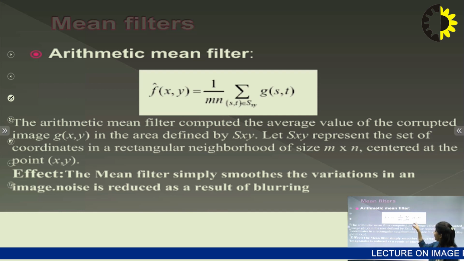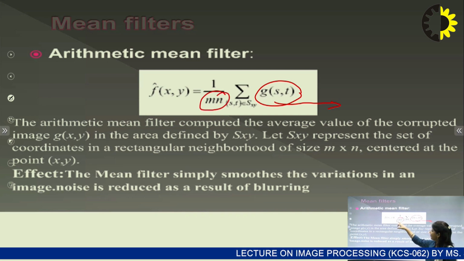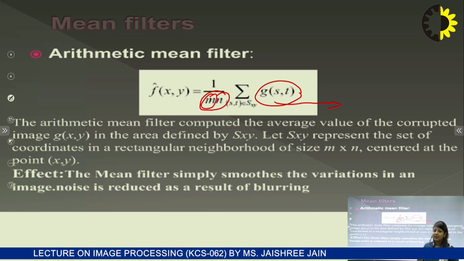If we have the degraded image g(s,t), we sum all the pixels and divide by mn, where m and n are the size of the image. m is the number of pixels on the x-axis and n on the y-axis, because the image is two-dimensional.